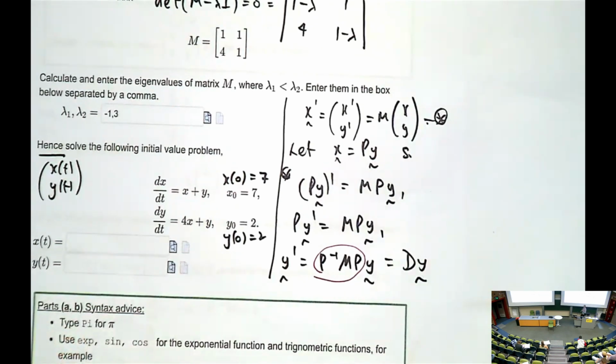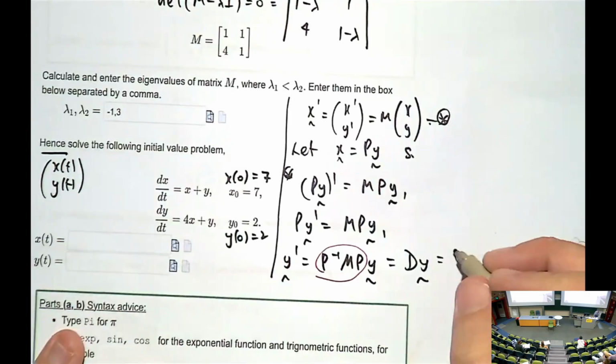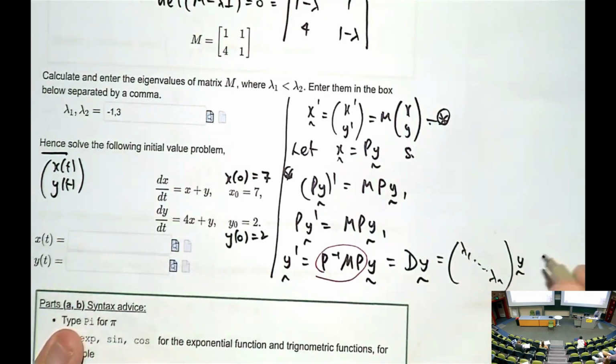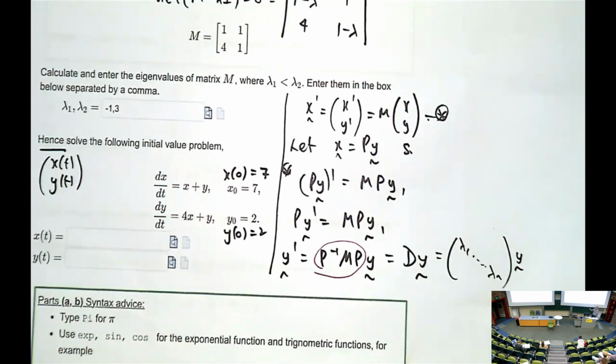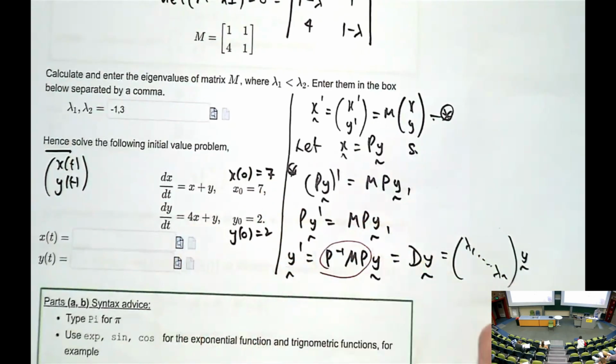Now, diagonal matrices are nice because they're easy to work with. So you can solve this and then get x, the x vector, whatever it is. They're all going to be exponentials. Nice. So let's go back and solve our problem.